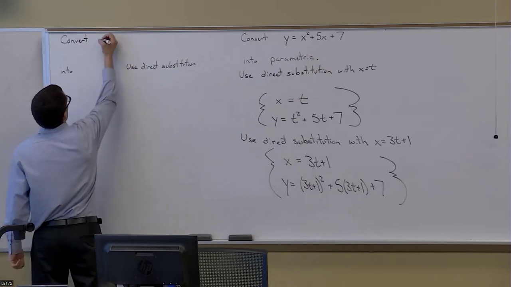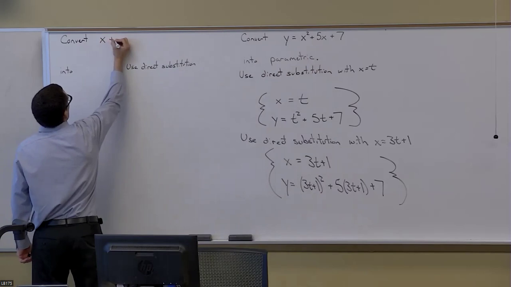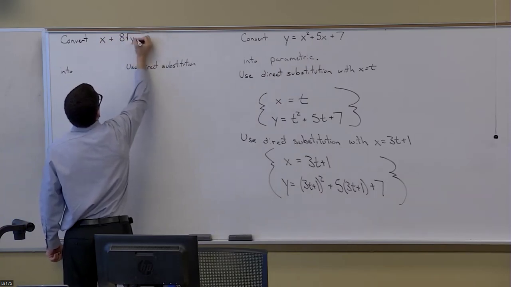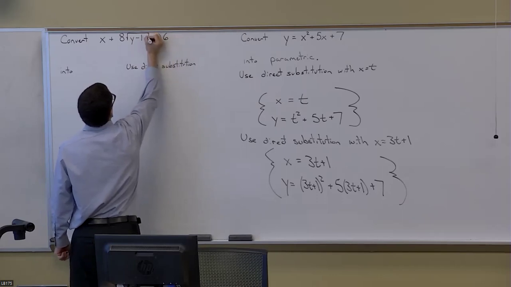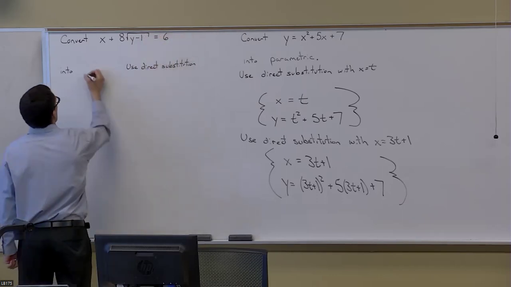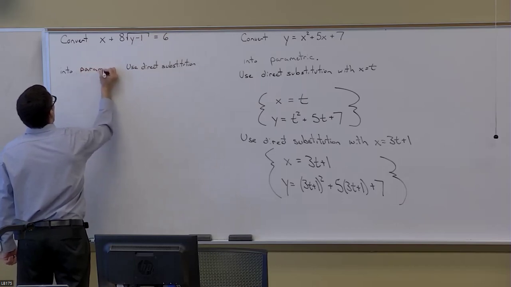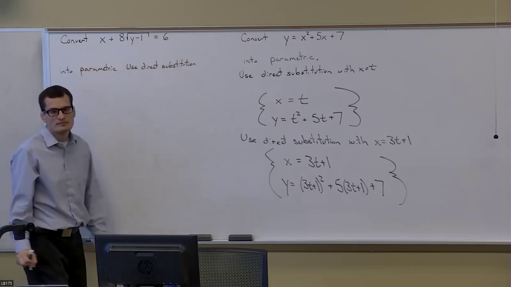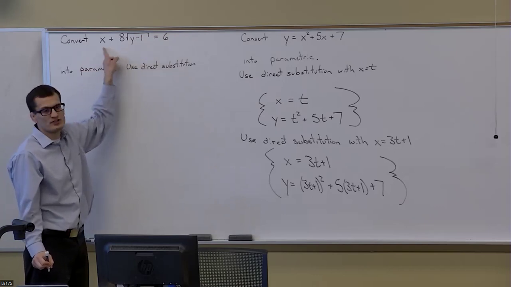If I have something like this, let's say x plus 8 times the square root of y minus 1 equals 6, this equation is much easier to solve for x.